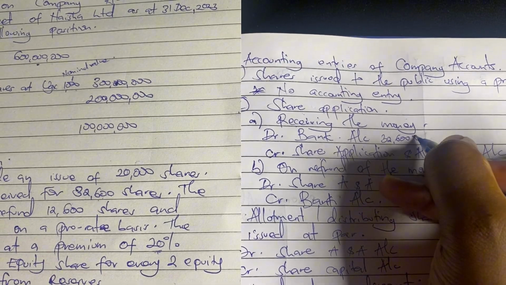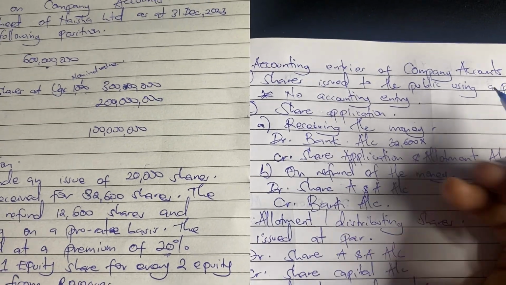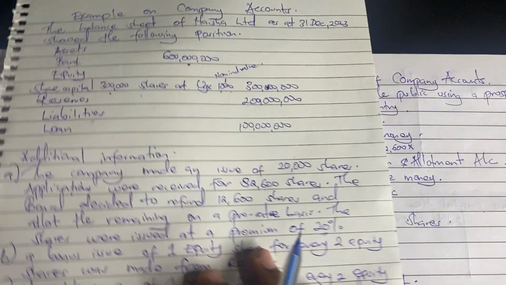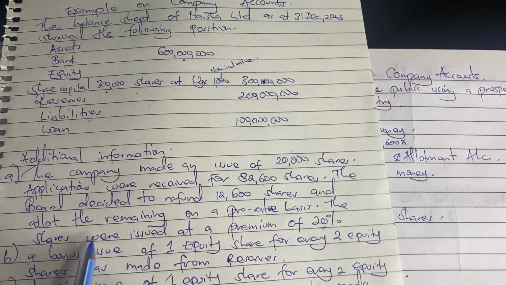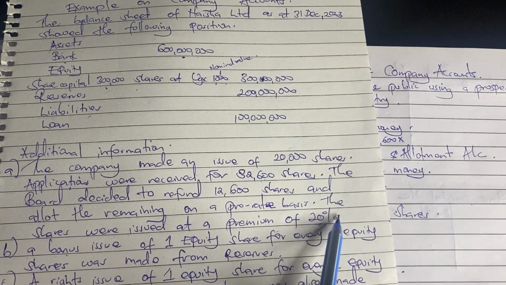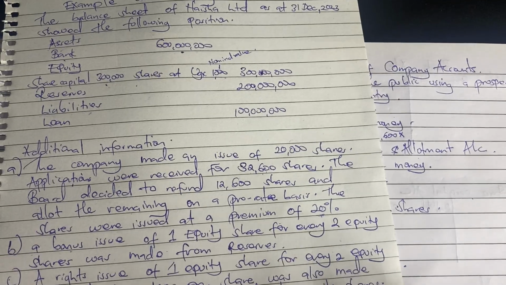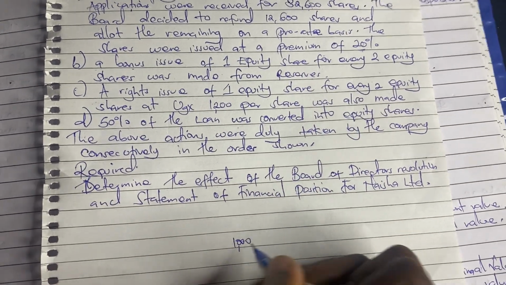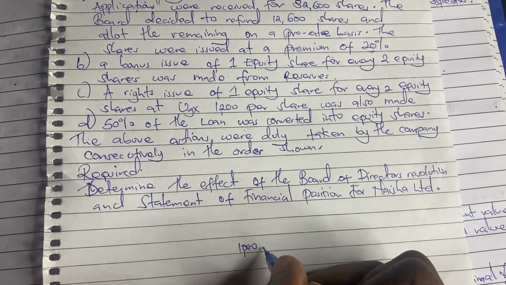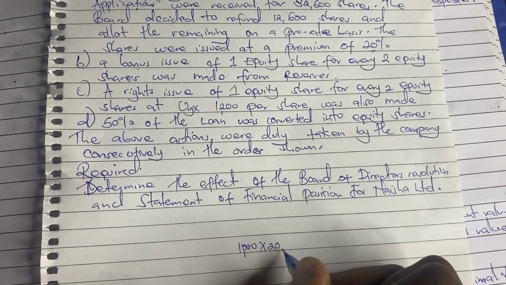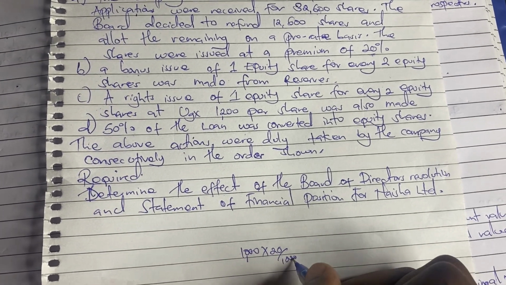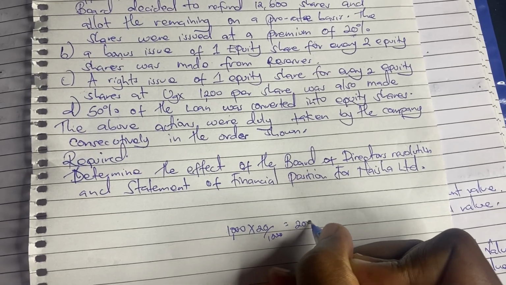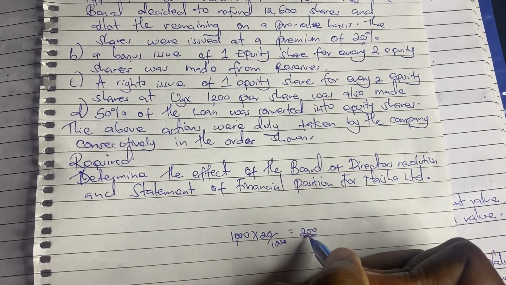So here we are going to multiply with the value of the shares. They said shares were issued at a premium of 20%. So the nominal value of the shares was 1,000. So times 20 out of 100, which is 200. They were issued at a premium of 200.